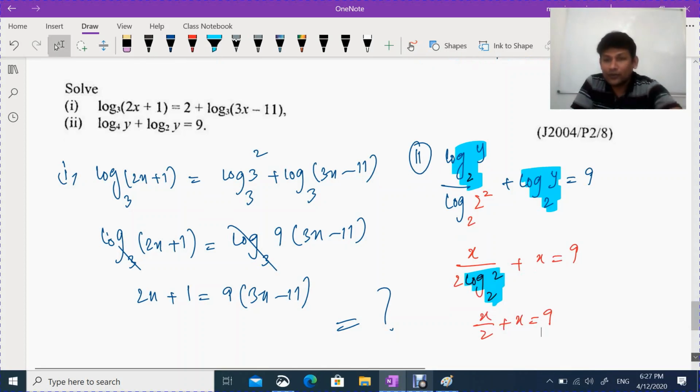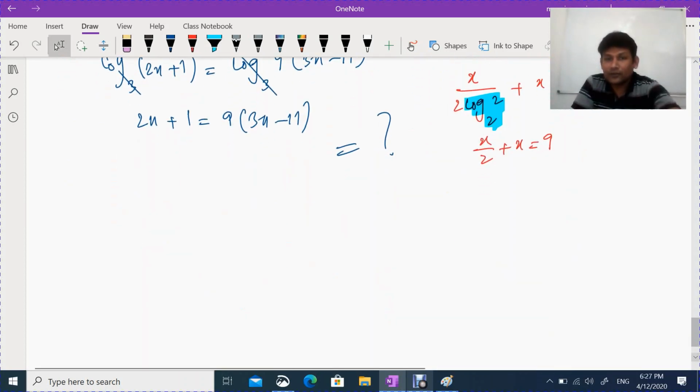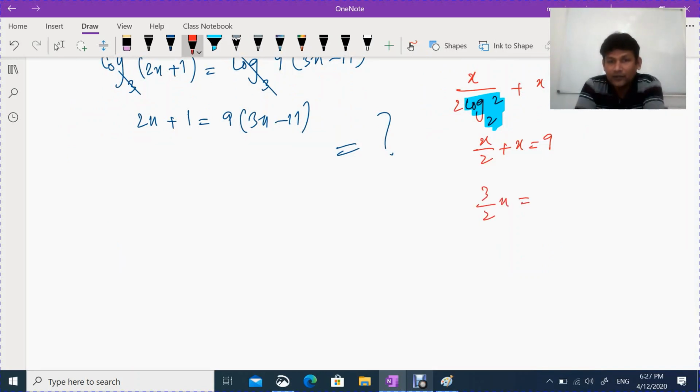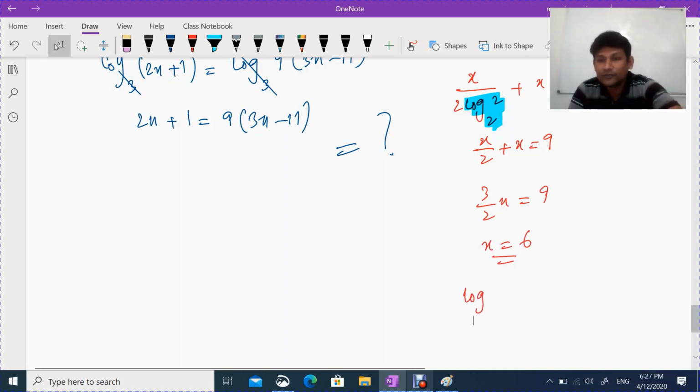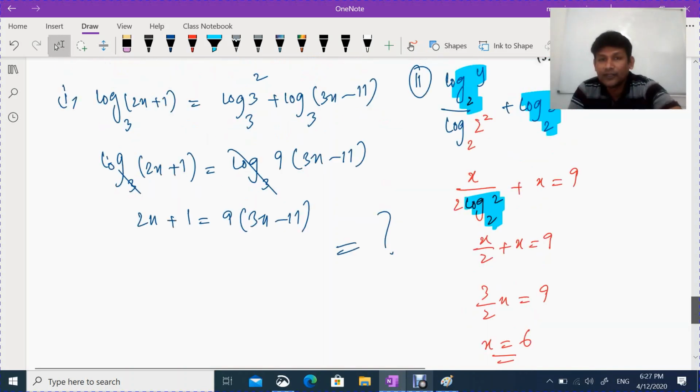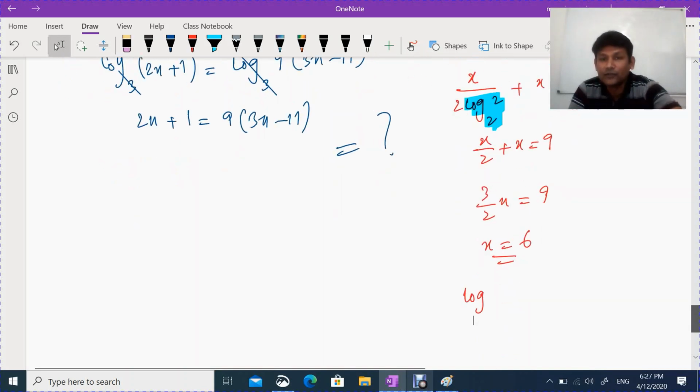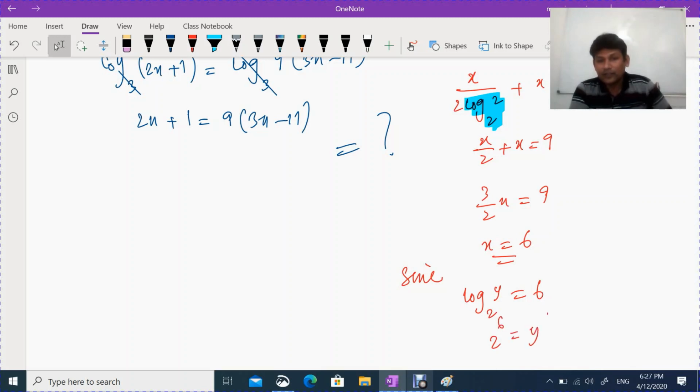So 3 upon 2x is equal to 9, x is equal to 3 and 3 to the 6 is your result. But you have to apply what we have supposed: log 2y is equal to x, and x is 6. I have applied that here, and 2 power 6 is equal to y, and that's your result.